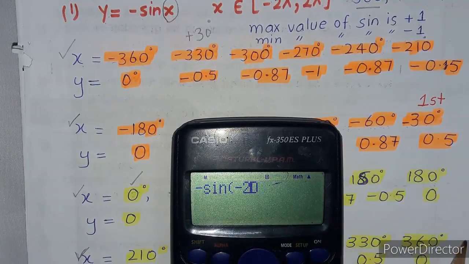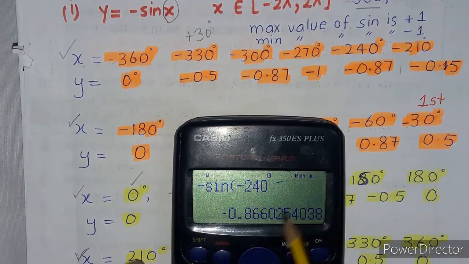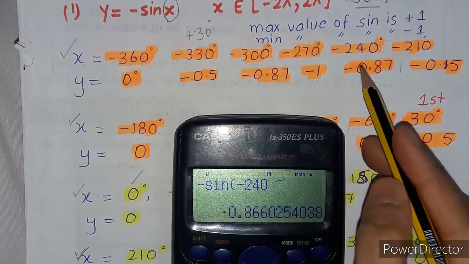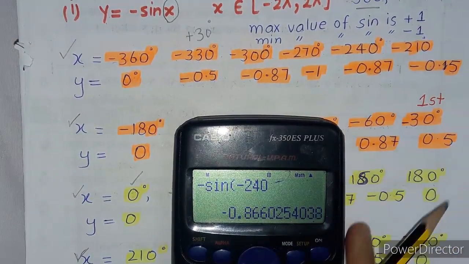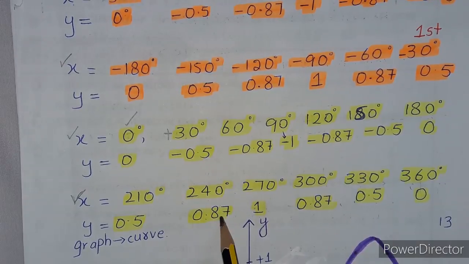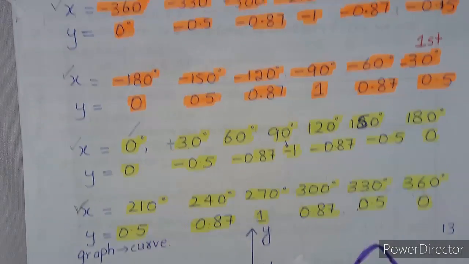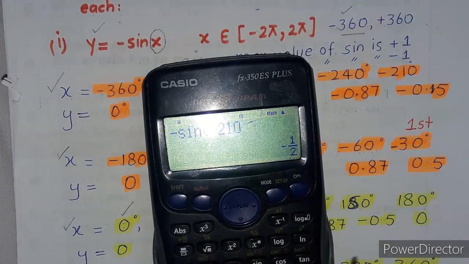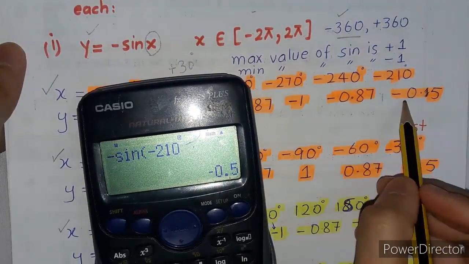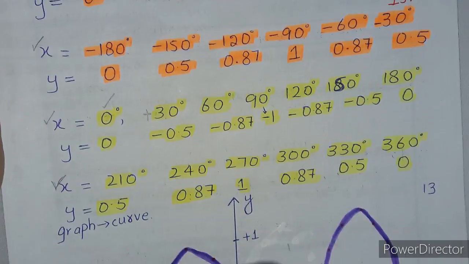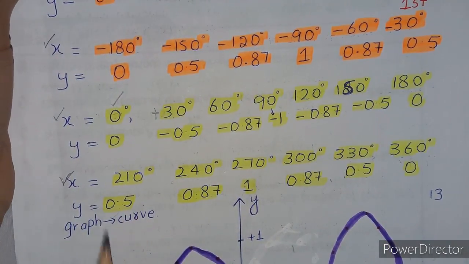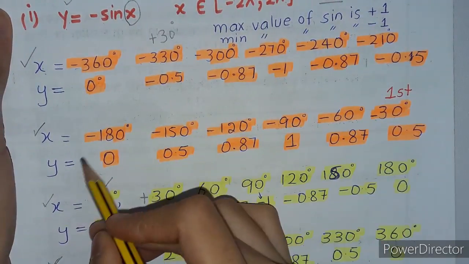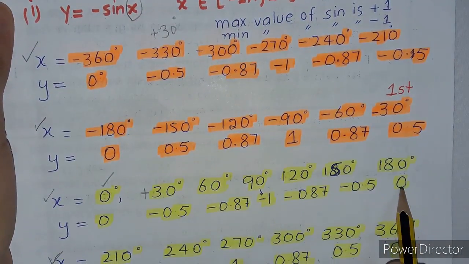Then minus 240, which is minus 0.866, minus 0.87, then it will be plus 0.87. Then minus 210, which is equal to minus 0.5. See here minus 0.5, and it will be positive 0.5. Okay, then 180, minus 180 would be 0 and here would be 0.